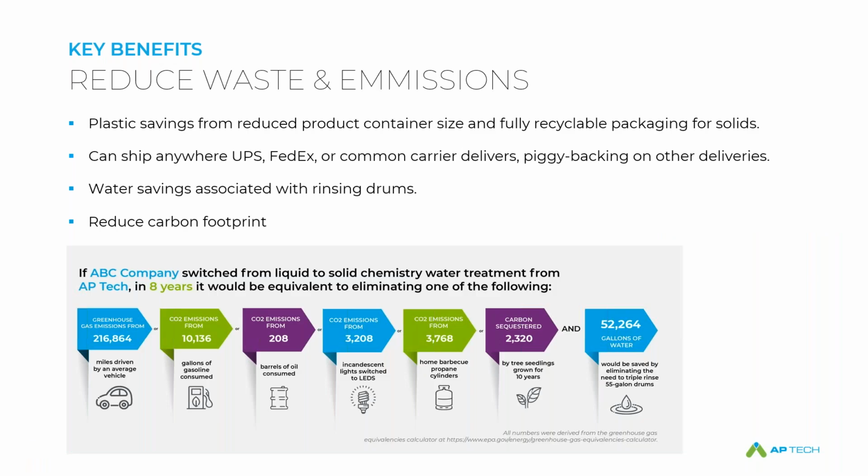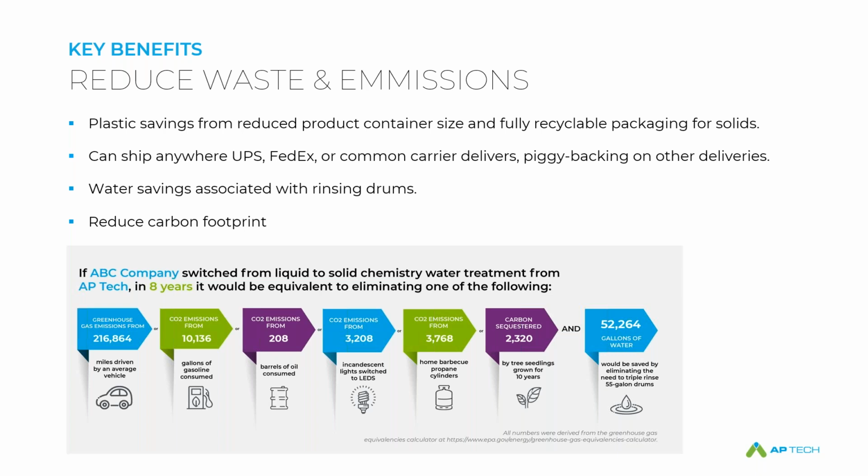And then when we look at the waste and emissions side of things, the materials we're packing out in are fully recyclable. So we use a lot of fiberboard. During COVID, fiberboard packaging exploded because everybody was getting stuff shipped to their house and all that. Solid chemistry can be shipped just about anywhere using any type of freight that you want.